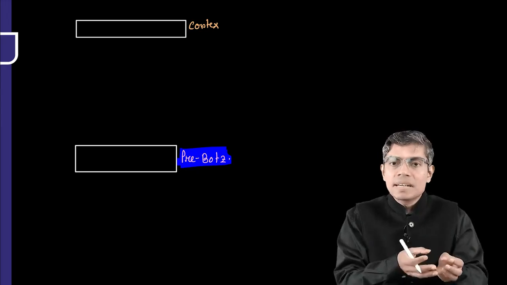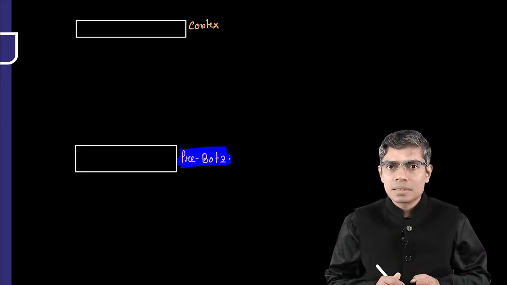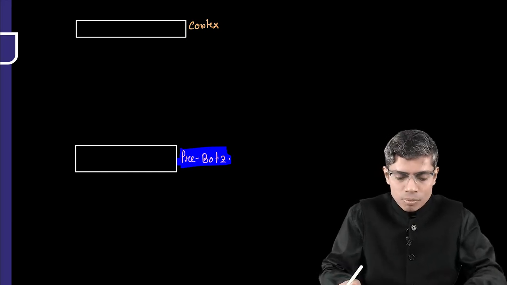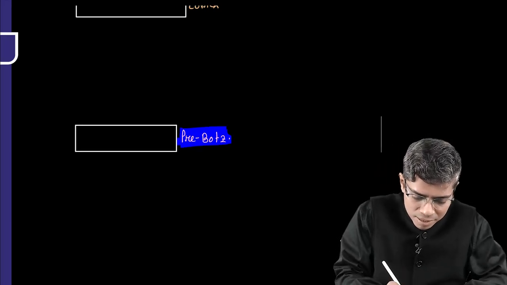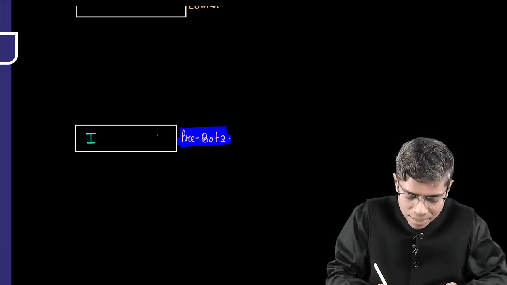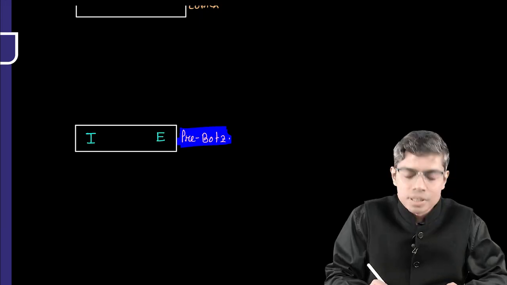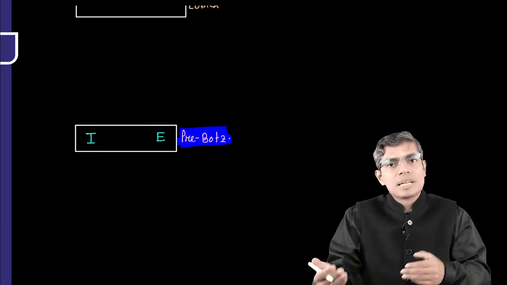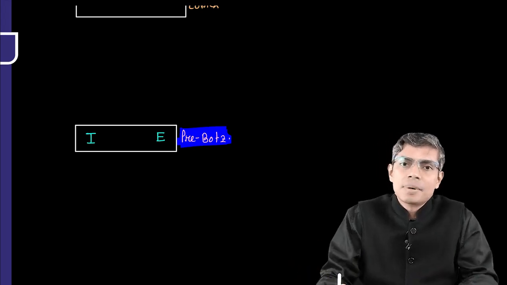So what should be there inside the pre-Bötzinger complex? Neurons, obviously neurons, but what kind of neurons? There will be a certain group of neurons which are known as I neurons, and there are a certain group of neurons which are known as E neurons. So I for inspiration and E for expiration.